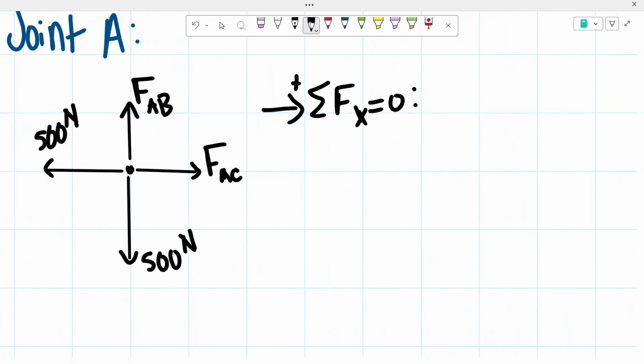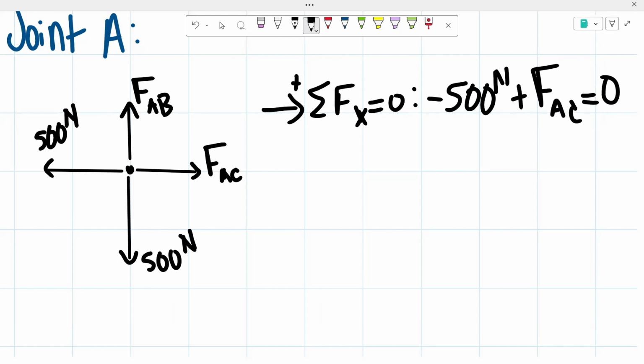We have our negative 500 newtons, and then I assumed that force AC was going to be in tension, so that means it's going to be positive. Negative 500 plus force AC has to equal 0. We solve for the force. So force AC is equal to 500 newtons.